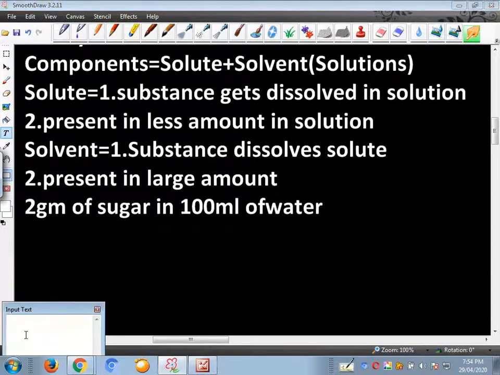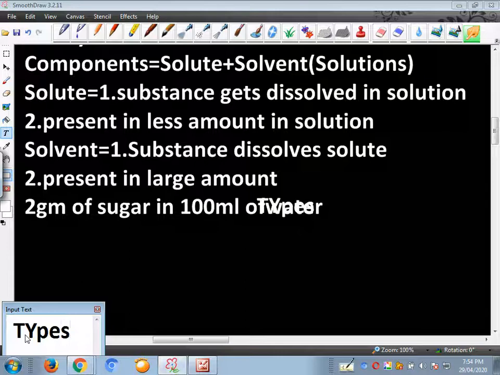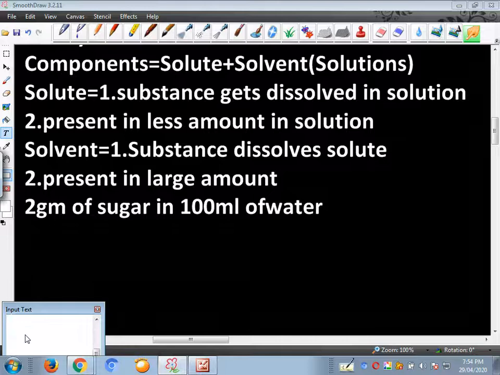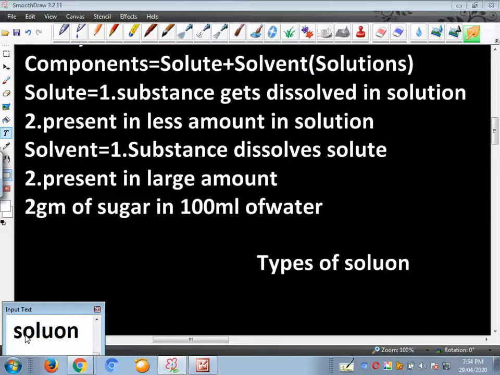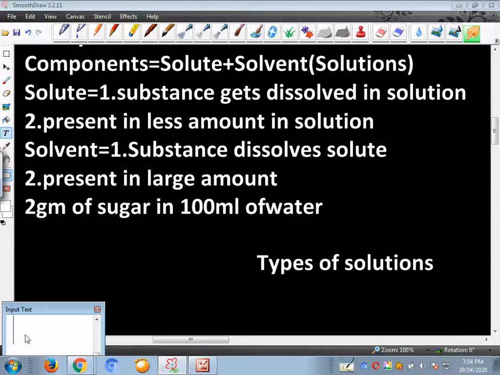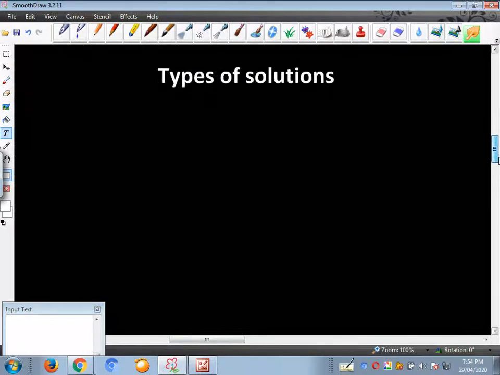Now coming to the next concept, types of solution. This is also a very important one. What do you mean by types of solution?